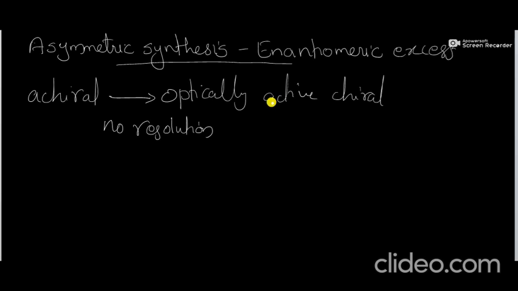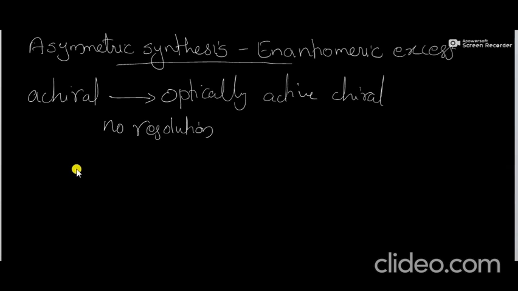That is, the products are formed in unequal amounts such that one of the enantiomers predominates over the other in the product. Such a synthesis is known as asymmetric synthesis or enantioselective synthesis. We say that in an enantioselective reaction, one enantiomer is found in excess of the other in the product.